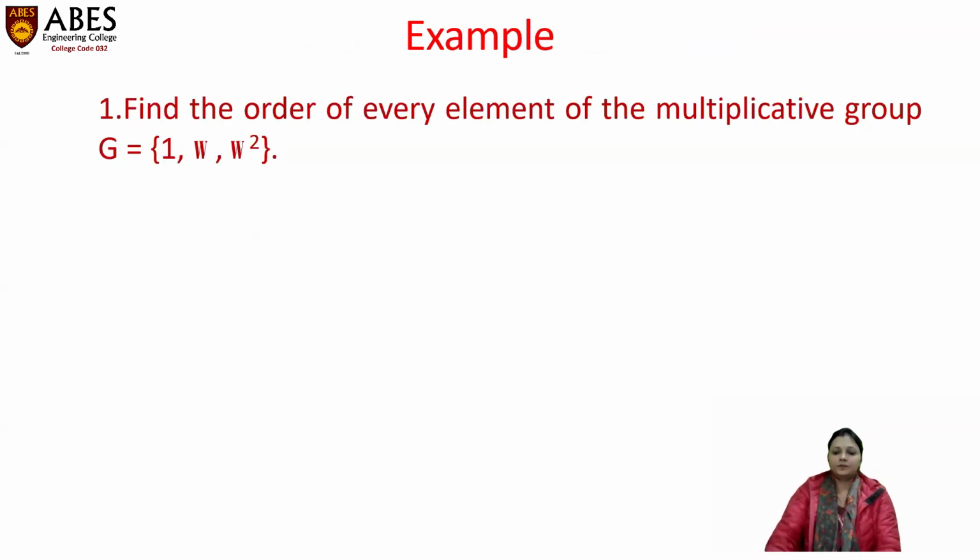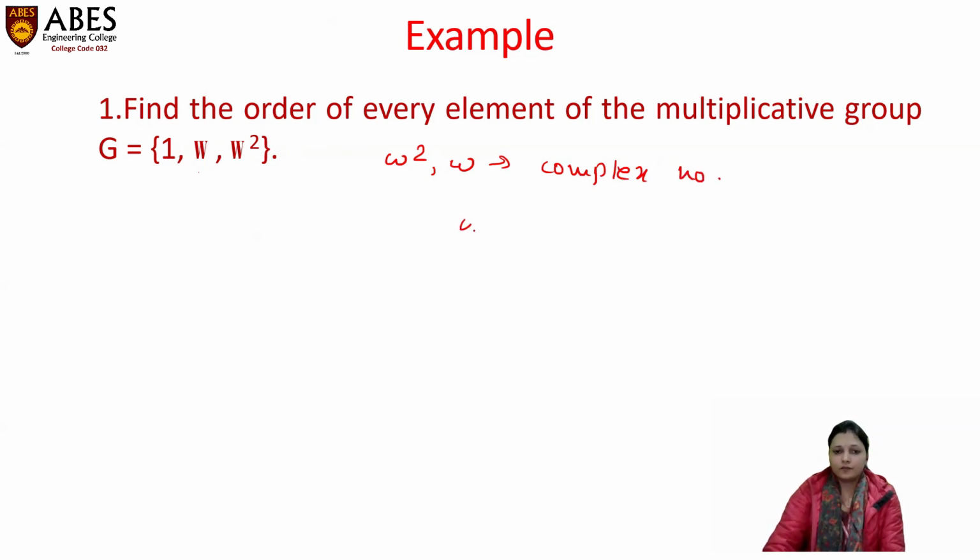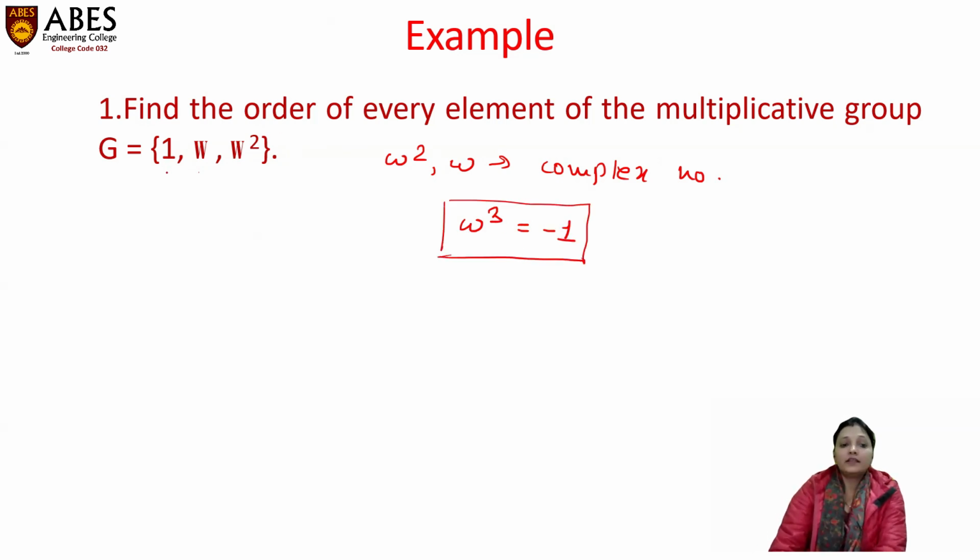Here is the example. Here I will show how to find the order of an element in a group. Here we have 1, the complex number omega and omega square. So we know that omega cube is 1. Now we have to find the order of each of these three elements in this particular group.